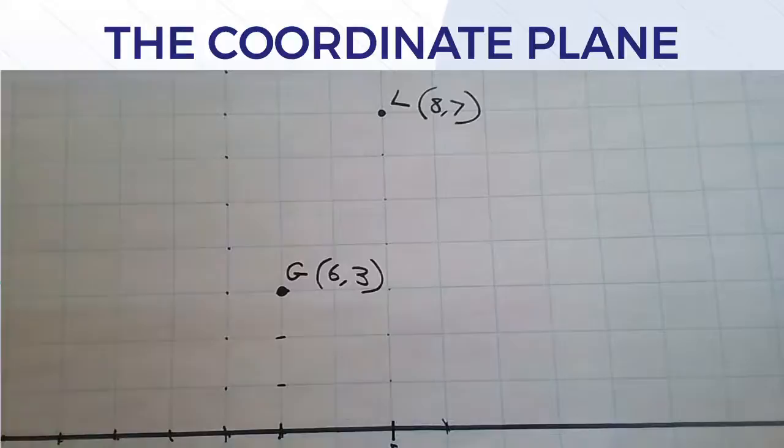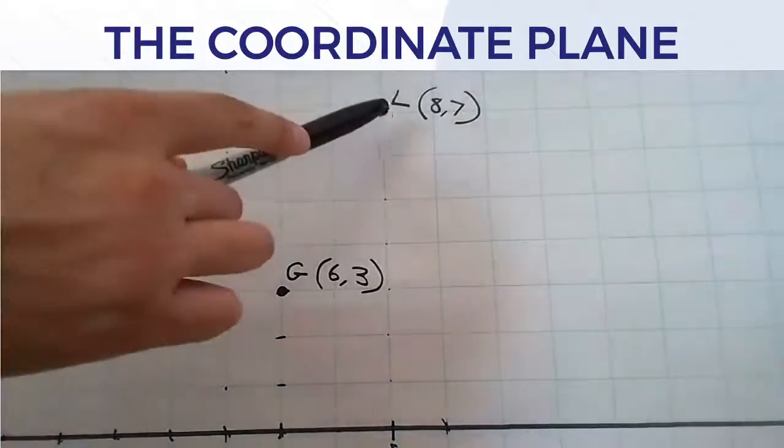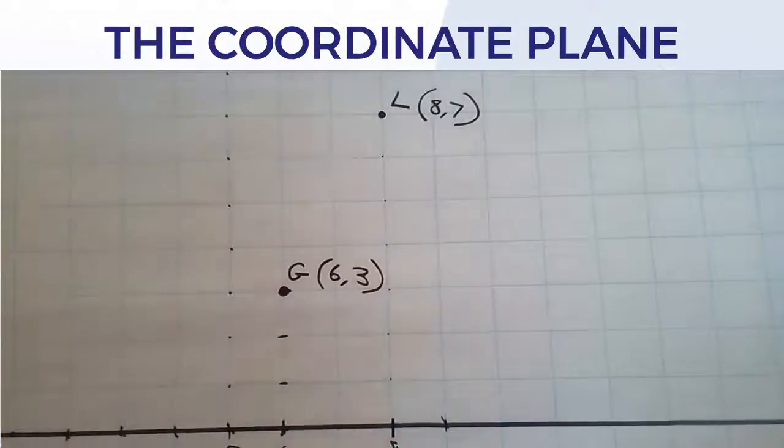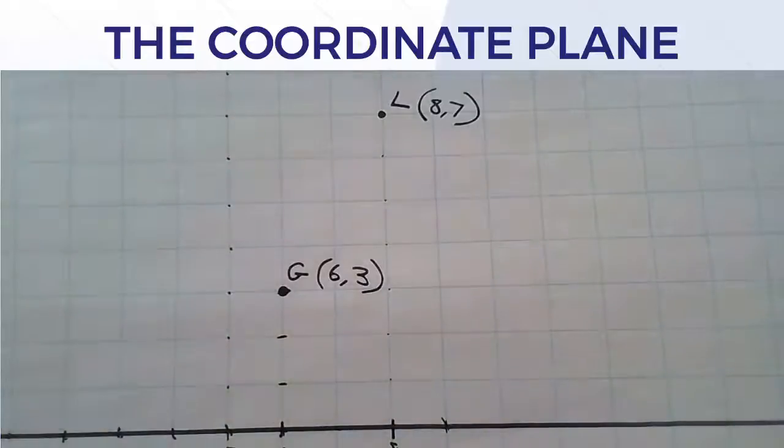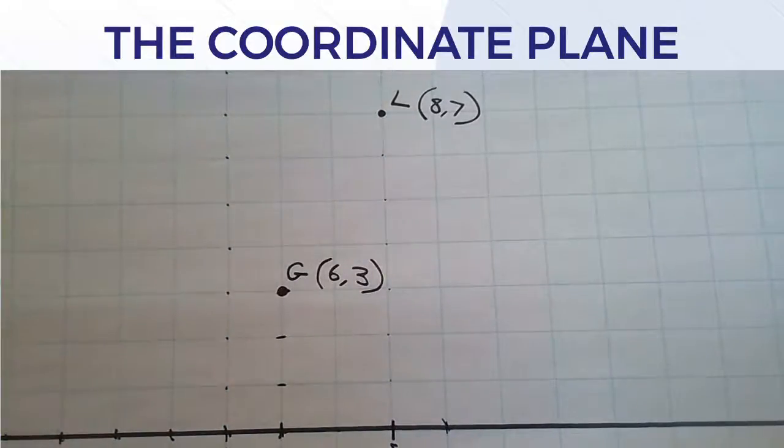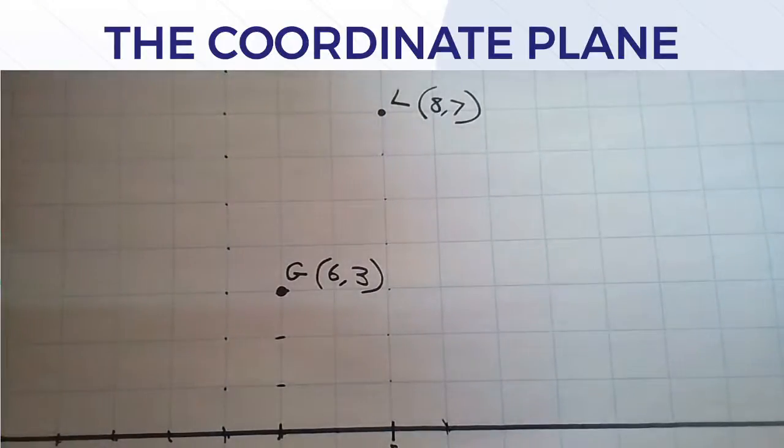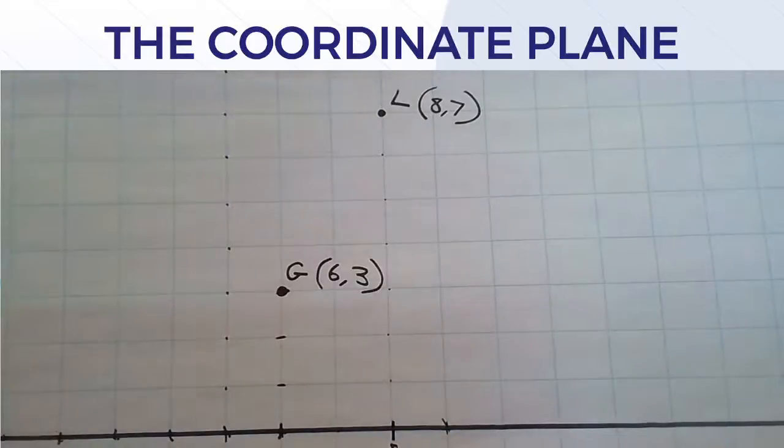How far do you have to travel to go from the library to the grocery store? How many blocks? Yeah, I know the blue lines are hard to see. We'll try and find some better grid lines next time. Or I might use the digital whiteboard for this next time.